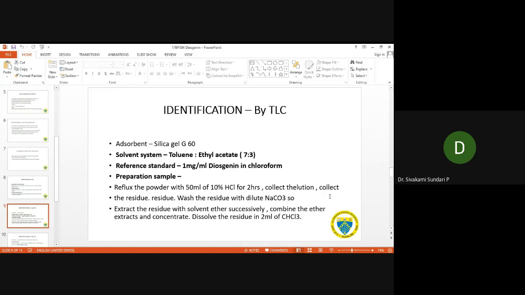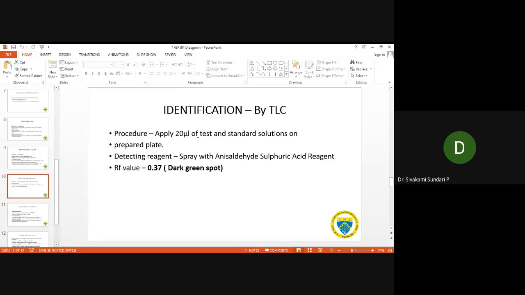Collect the solution and wash it with sodium carbonate. Then extract the residue with ether successively. Combine the ether layers and concentrate. The residue is dissolved in 2 ml of chloroform, and then from that take 20 microliter of the test solution and the standard solution and prepare a plate.